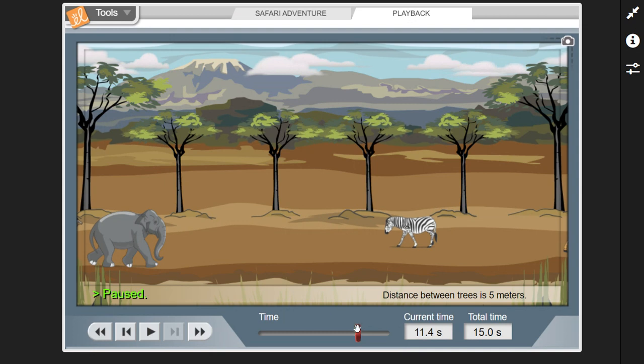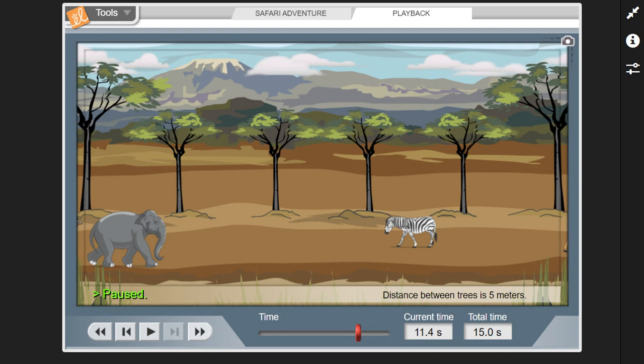So in our calculator, 15 seconds is the end time. 15 minus 11.6 was 3.4. So we do 5 was the distance divided by 3.4 was the time it took. That's 1.47.